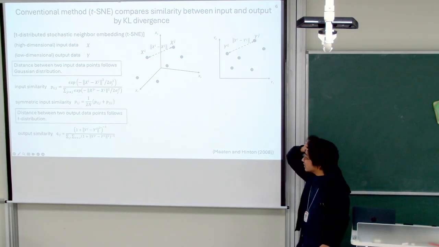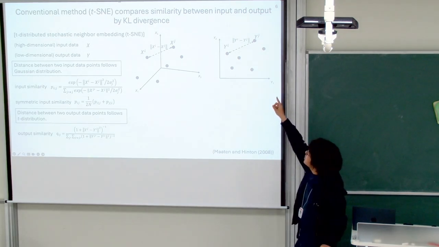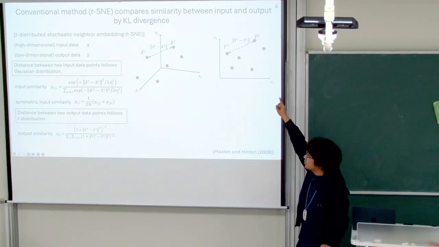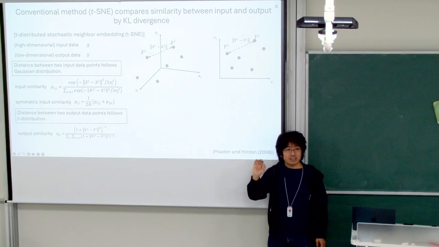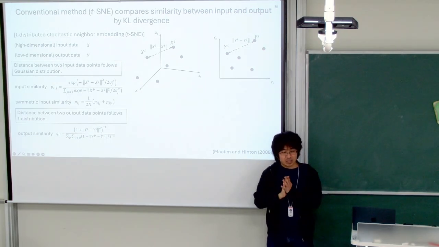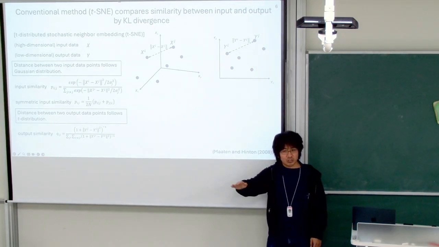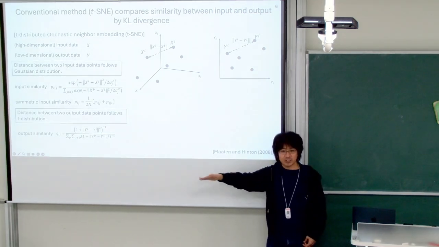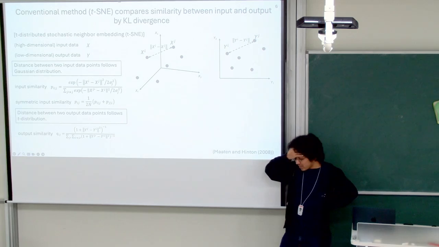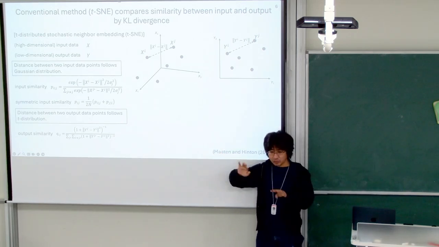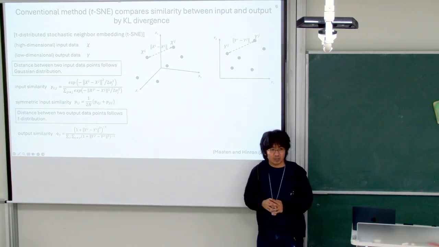In contrast, the distance between two output data points follows a t-distribution, because the t-distribution has a fat, long tail, so this assumption can avoid the crowding problem.